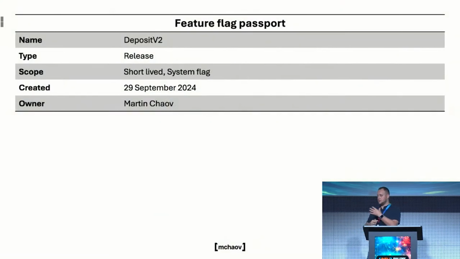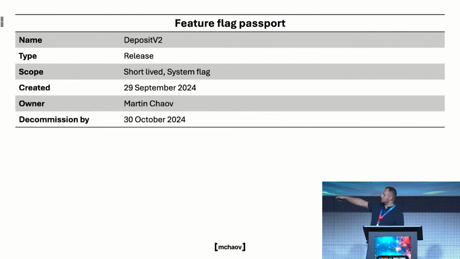To give you a lot more context about this, let's try to create a feature flag. To do that, we're going to fill the feature flag passport. We're going to create name, type, scope, when it was created, who created it. We're going to note something very interesting: when it's expected for this feature flag not to be used anymore.